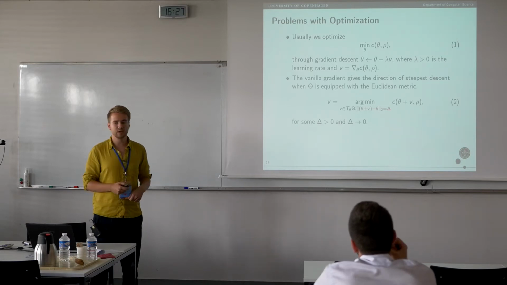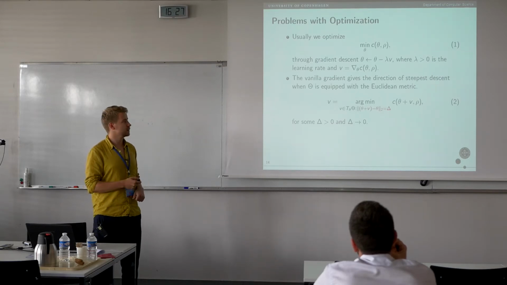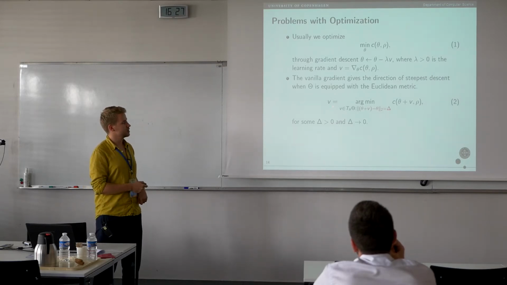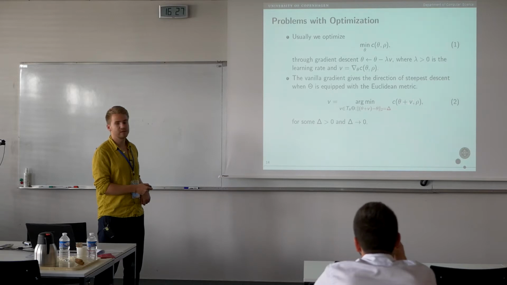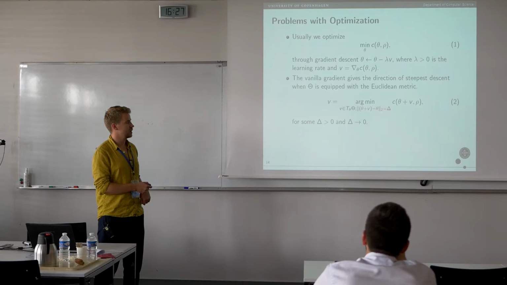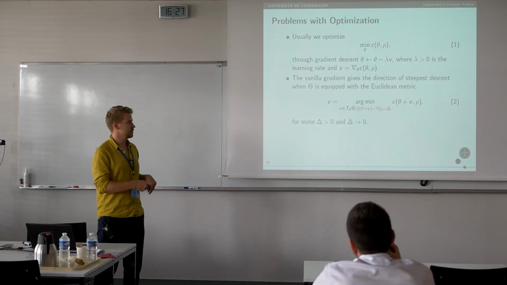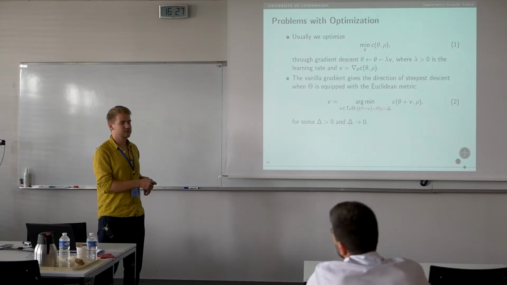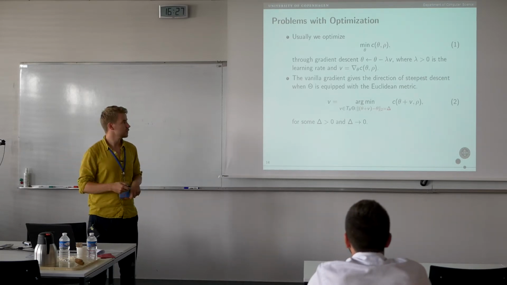Now, usually when we compute the gradient, we just compute the vanilla gradient with respect to the Euclidean metric, whose direction can be characterized as this. So we want to minimize this expression with respect to some vector v, where v is constrained to lie on a sphere. And then as the radius of the sphere goes to 0, we get the gradient direction.